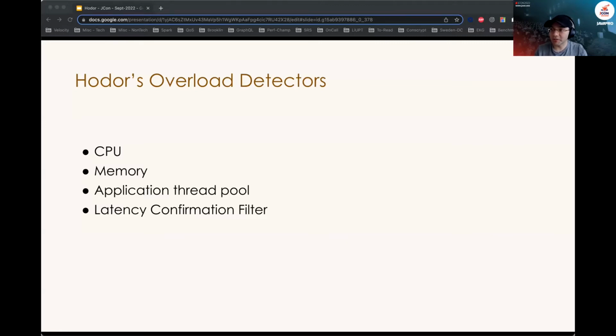As Abhishek mentioned, the action is load shedding. And therefore, the main guiding principle that we have followed when designing all of our overload detectors is to make sure that we prioritize precision over recall. That is, to make sure that all overload firings are true positive firings of an overload.